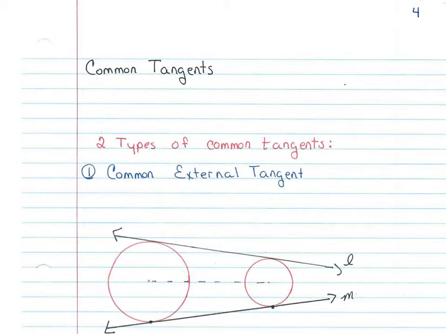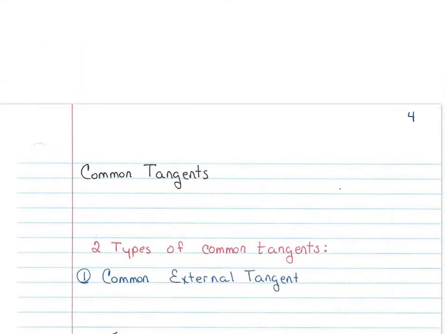Now when we talk about tangents, we can have common tangents. And a common tangent is a line that is tangent to 2 circles in the same plane. A line that's tangent to 2 circles in the same plane.